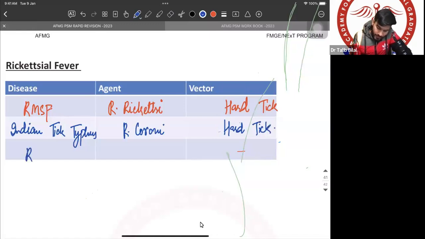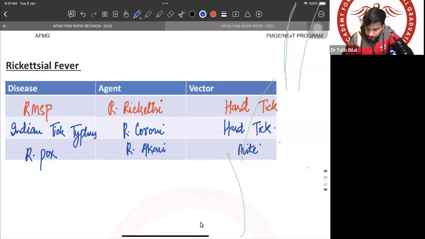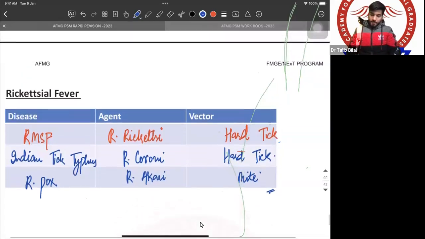Then we have rickettsialpox. We have Rickettsia akari as an agent and mite as a vector. So that was all about agent, vector and disease.